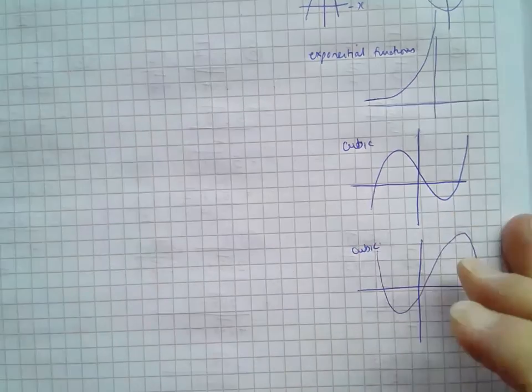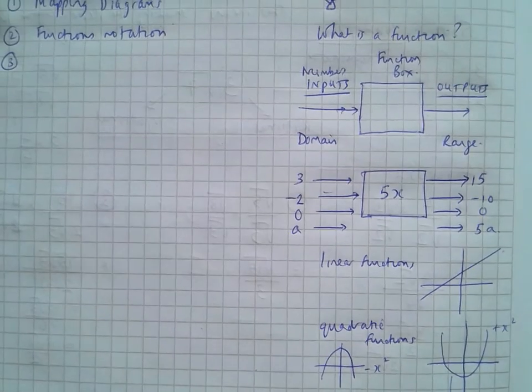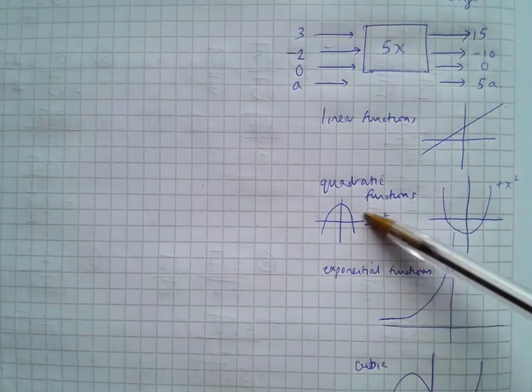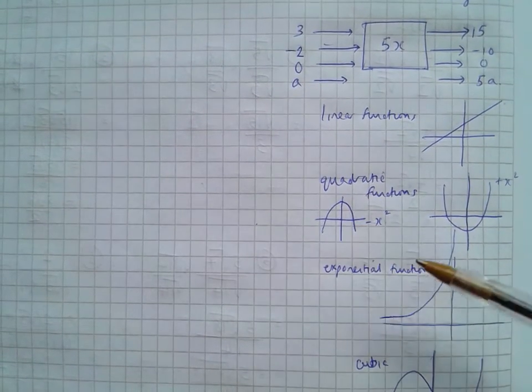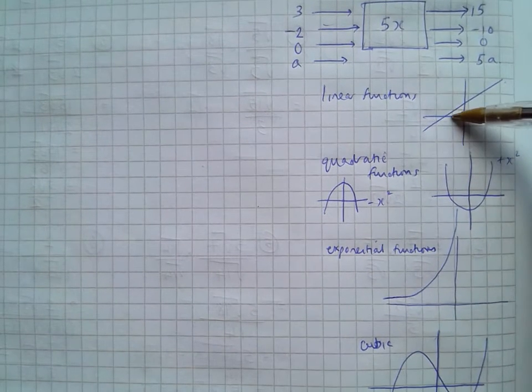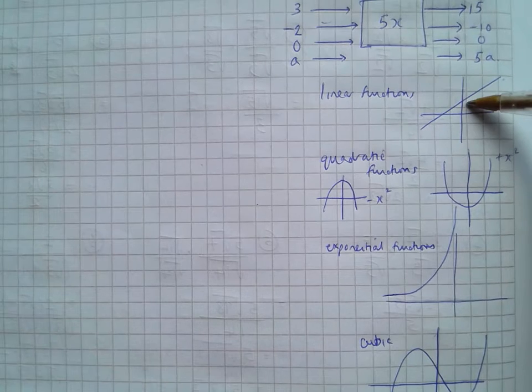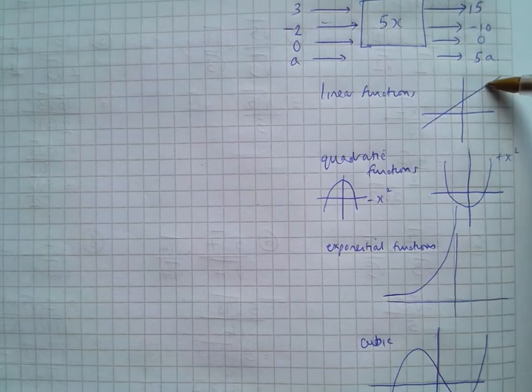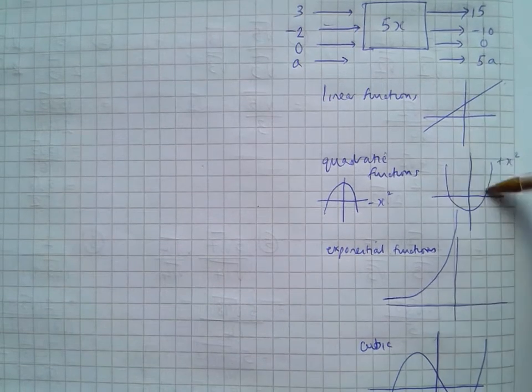So those are functions. In each of these, as you can see, the x value has a y value that goes with it. In a linear function, each x value has a y that goes with it. Here's the x, this is the y that goes with it. Hopefully you're used to reading those points from your graphs. Again, quadratic, exponential, and cubic.